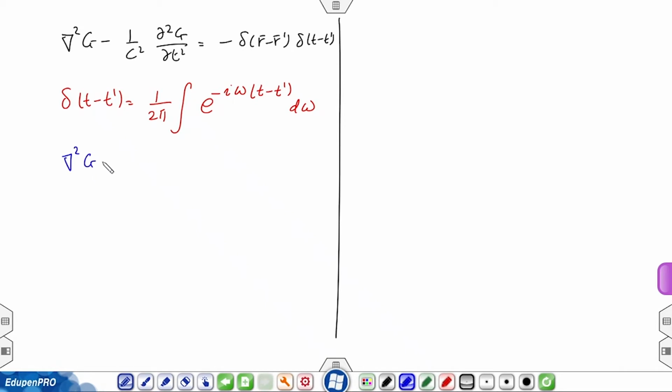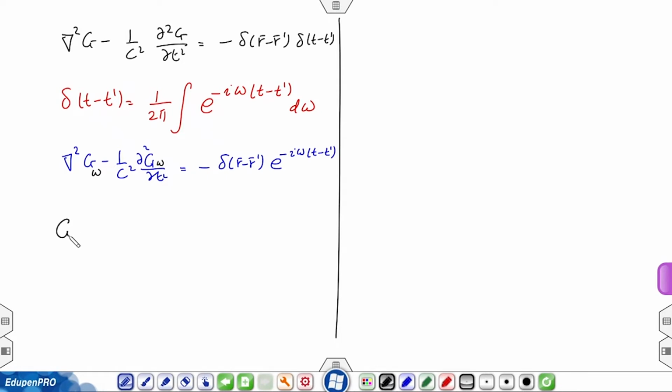So, let us write del square g minus 1 over c square d2 g over dt square equals minus delta r minus r prime e raised to minus I omega t minus t prime. I will solve for this particular omega, and then I can add it all up to get my final Green's function.